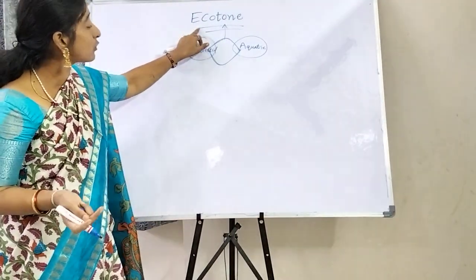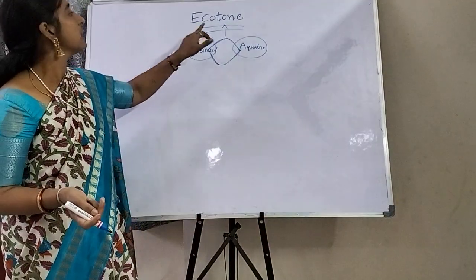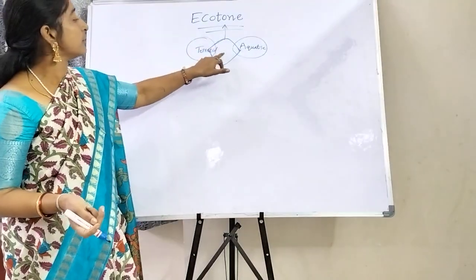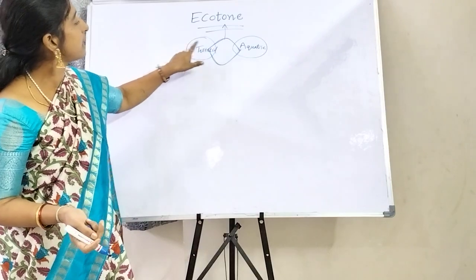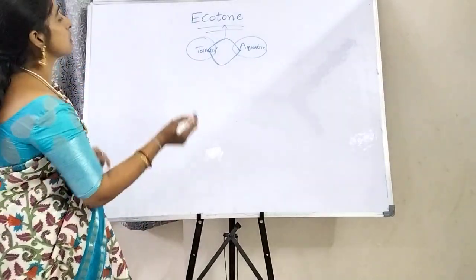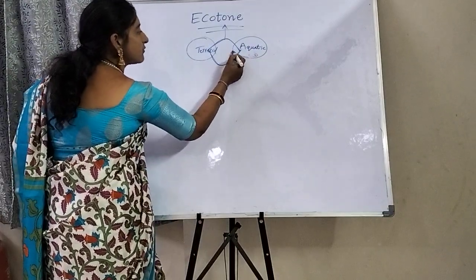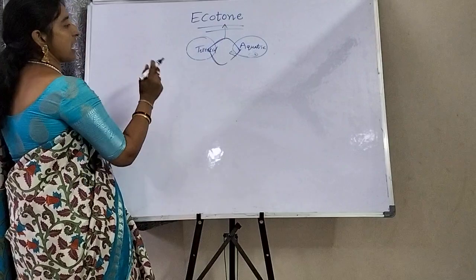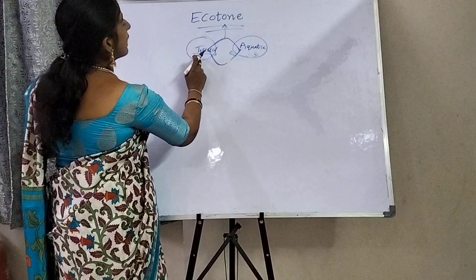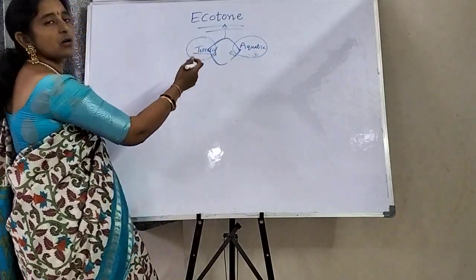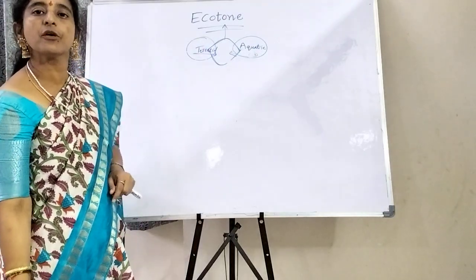That means the ecotone area is influenced by aquatic conditions as well as terrestrial conditions. The aquatic nature influences the ecotone, and the terrestrial climatic conditions also influence it. So that is the nature of the ecotone.